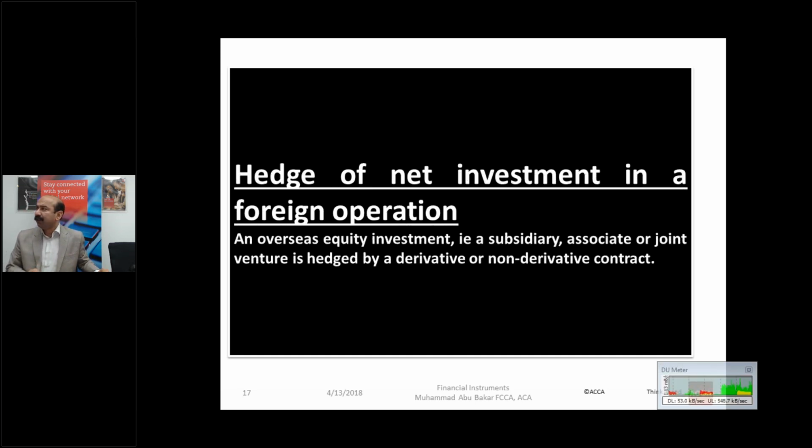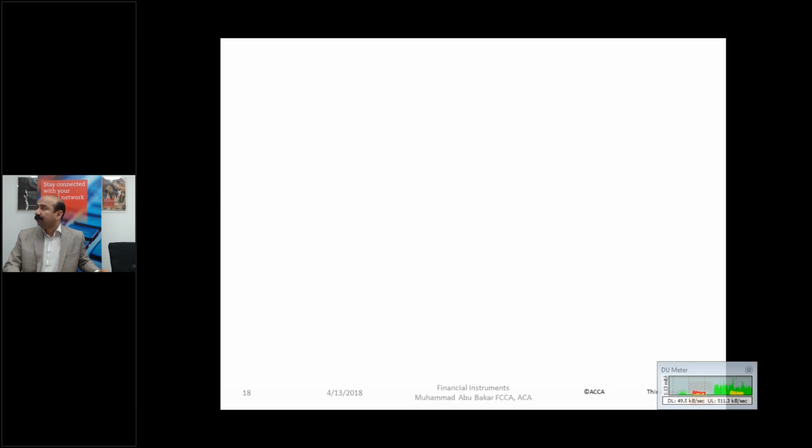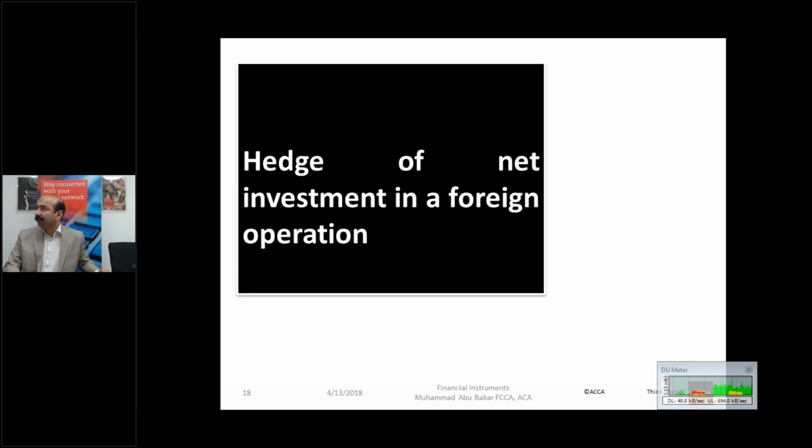It's very simple. An overseas equity investment, that is a subsidiary, associate, or a joint venture. So that is basically hedge of net investment in foreign operations.